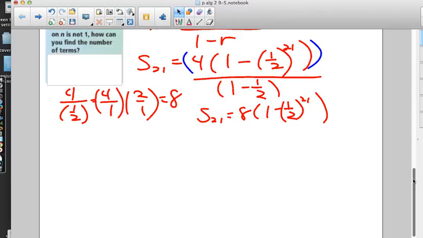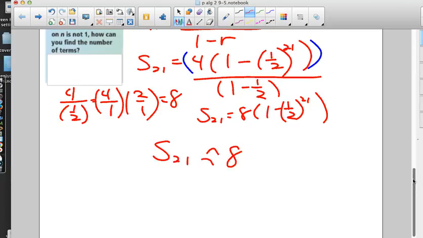Bam. Almost 8. Not quite. Almost 8. Notice how I'm still writing that S sub 21 on here, because again, that says I found the sum of the first 21 terms. It's almost 8.